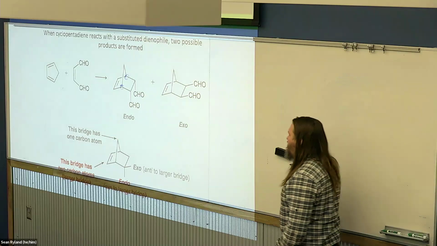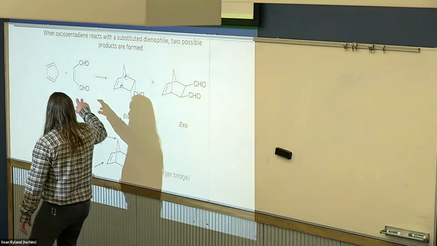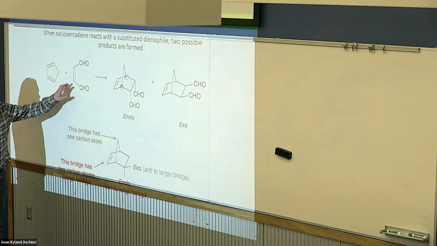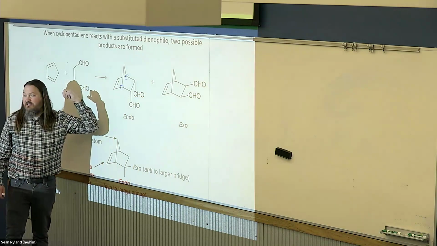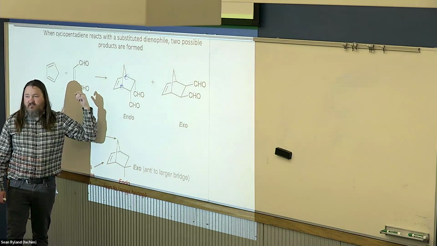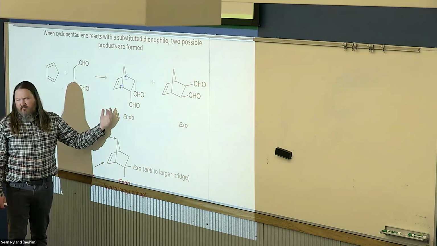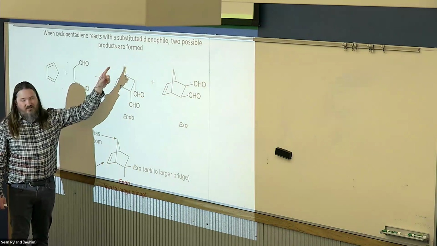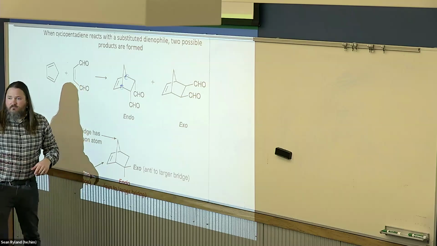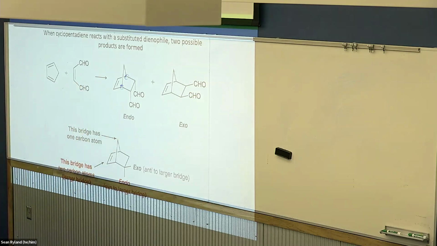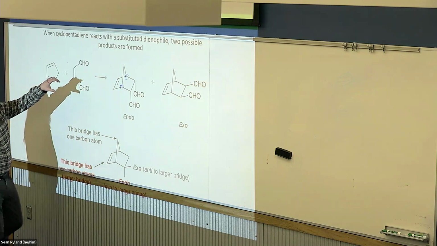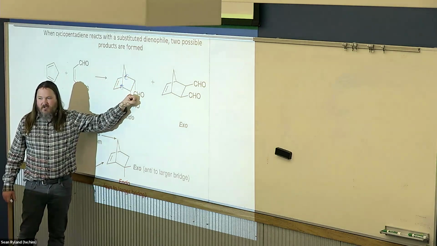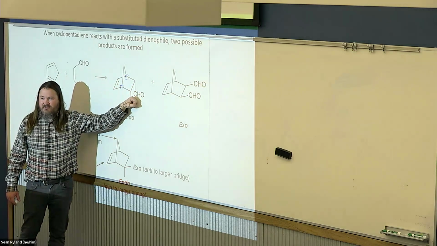Alright, and so if we start with our dienophile trans, then we're always going to wind up with one of them endo and one of them exo. In this case, instead of thinking about one above the ring and one below the ring, we got one pointed towards the large part of the ring, one pointed towards the small part of the ring. It's the same basic idea. So do you see how that connects to your question you were asking before? We always draw the bicyclic part the same way, because otherwise it gets too confusing to keep track of things.